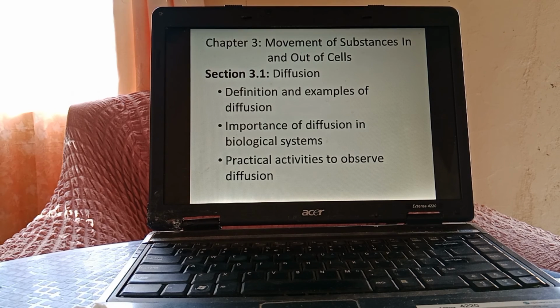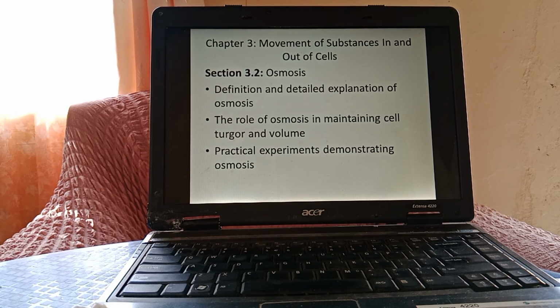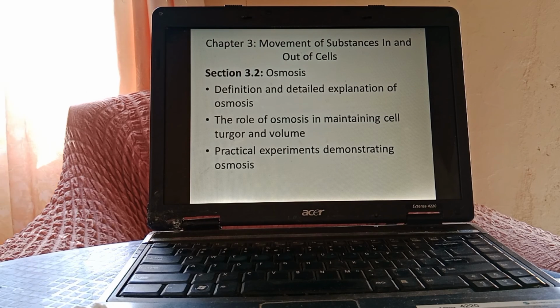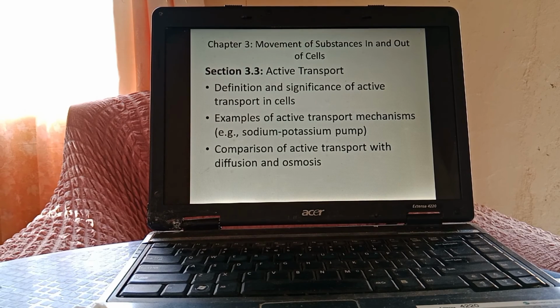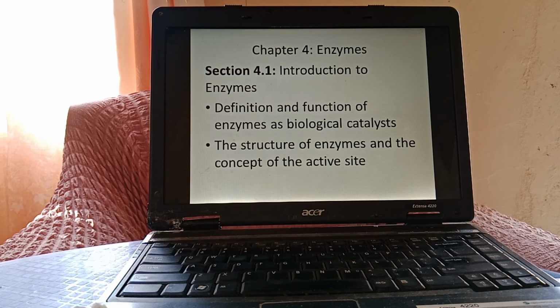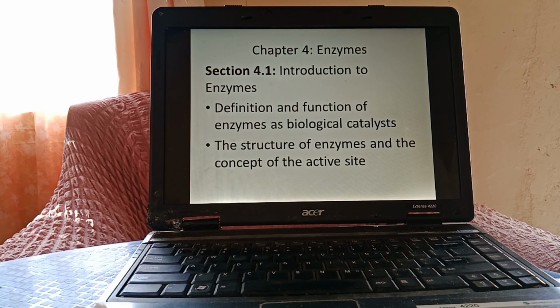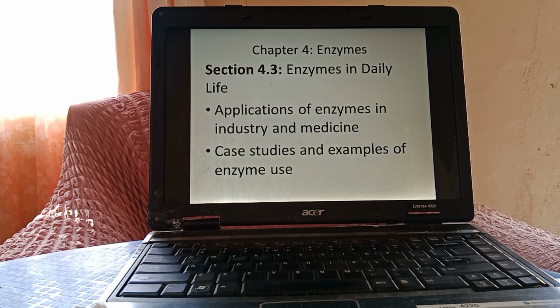Chapter 3, 3.1, 3.2 osmosis, 3.3 active transport, 4 enzymes, 4.3 application of enzymes in industry and medical standards and examples.